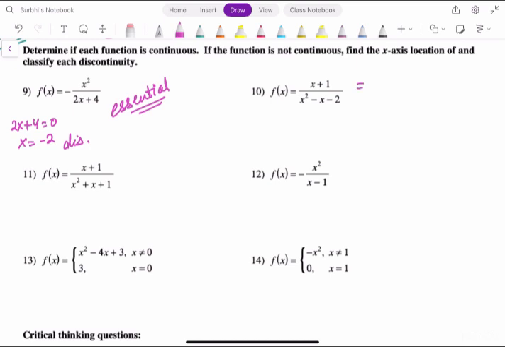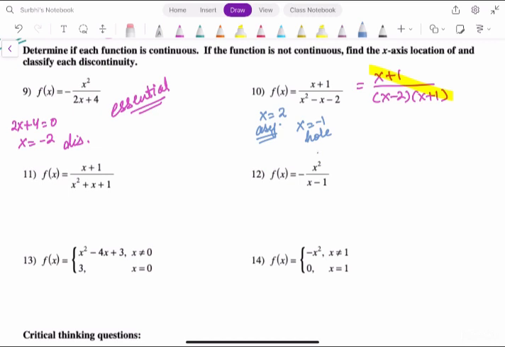Let's try number 10. Number 10, we have a linear and a quadratic, and the quadratic, I can factor it. And when you factor it, you can see you can cancel out numerator and denominator, and that cancelled x plus 1 expression will give you x is equal to negative 1 as the removable discontinuity, or we have a hole at that point, and also at x is equal to 2, we will have an asymptote.